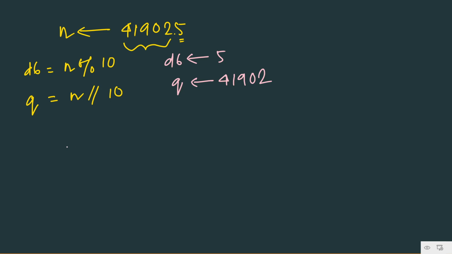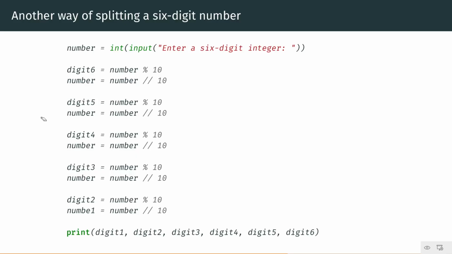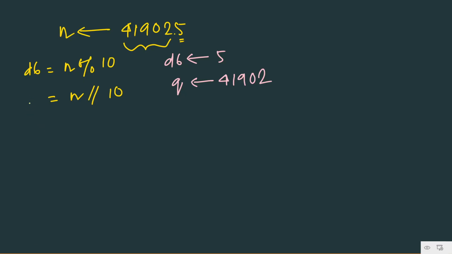You could have said n equals n divided by 10, and that would have updated the value of n from 419025 to 41902. It's the same thing; you can follow either approach. For the sake of simplicity, let's just keep it at q, the quotient, q equals n divided by 10.